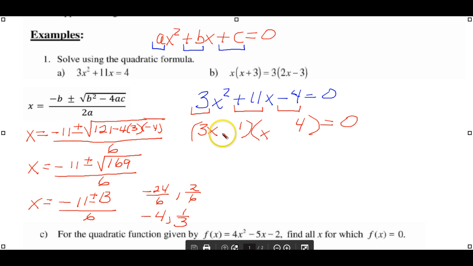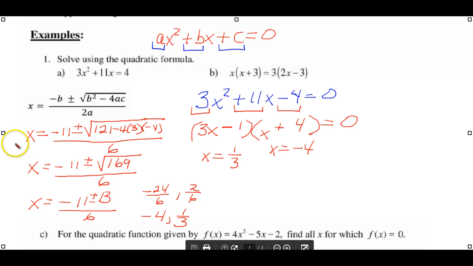Okay. So our signs, we want a positive, so this is a positive 4, and this will be a negative there. Now if we FOIL this, we get this. So here, x transpose that will be a 1/3, okay, and this x is equal to a -4, and these are the answers that we have.